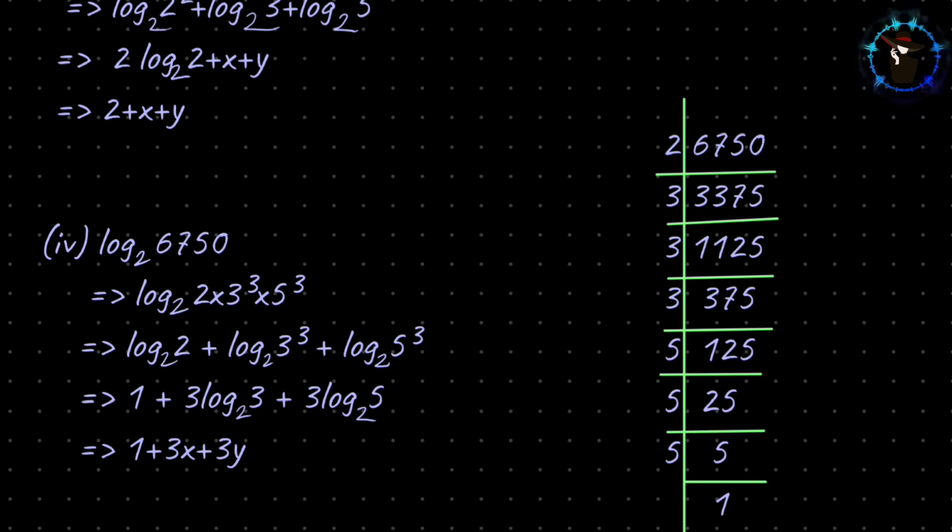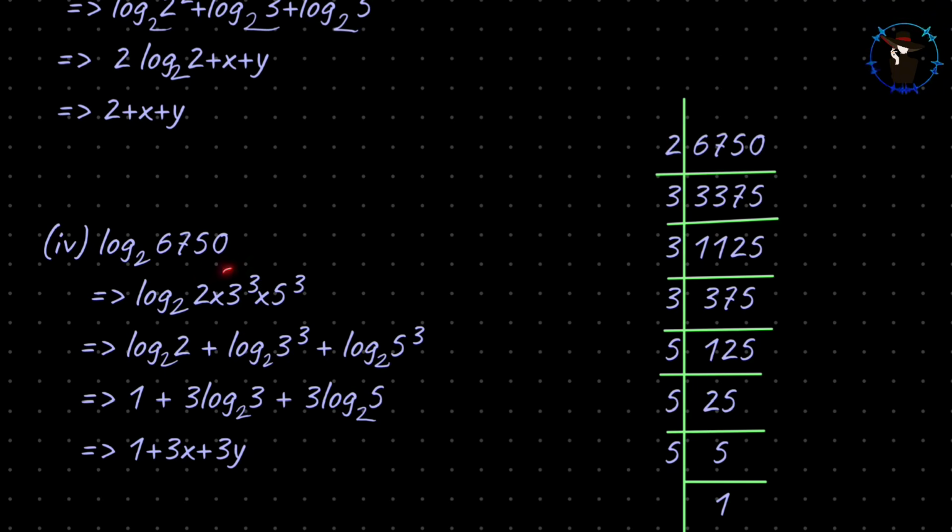Let's take 3, 3 1s are 3, 3 2s are 6, 1 remaining, 3 5s are 15, again 3, 3 3s are 9, 2 remaining, 3 7s are 21, 1 remaining, 3 5s are 15, 3 1s are 3, 3 2s are 6, 1 remaining, 3 5s are 15. 5 25s are 125, 5 5s are 25, 5 1s are 5.